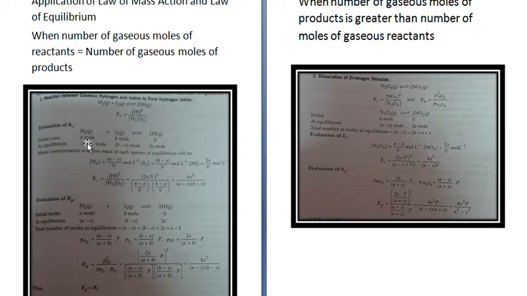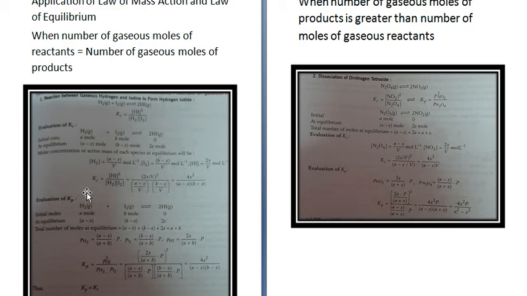Now at initial concentration, suppose H2 is a, I2 is b, and obviously when the reaction starts, HI has not been formed, so it will be 0. At equilibrium, suppose x moles of H2 have been used, so concentration will become a minus x, concentration of I2 will become b minus x, and concentration of HI will become 2x.